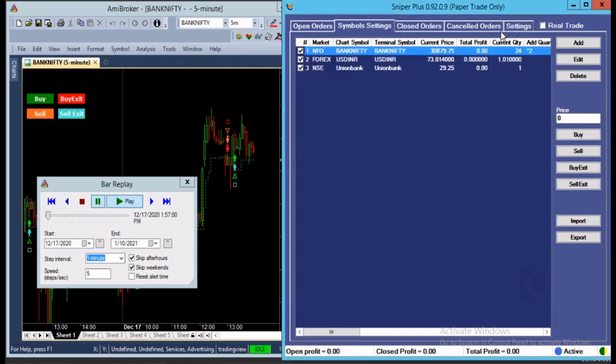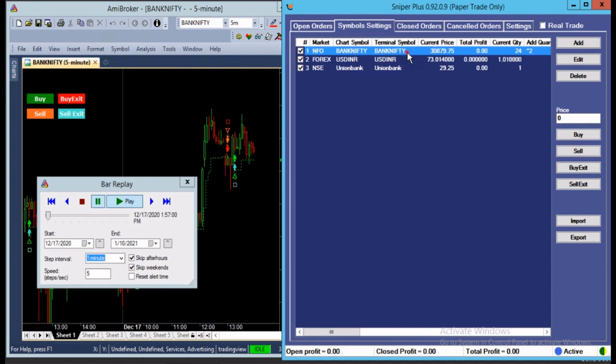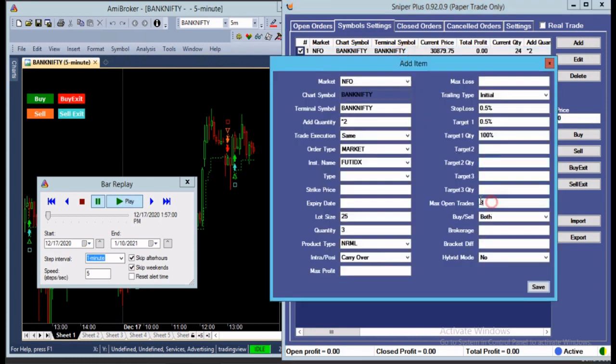This is symbol wise, and the other one is on the basis of every symbol. Maximum profit, maximum loss, maximum open trades apply to each and every symbol, but here it is applicable for the particular symbol, like only Bank Nifty.